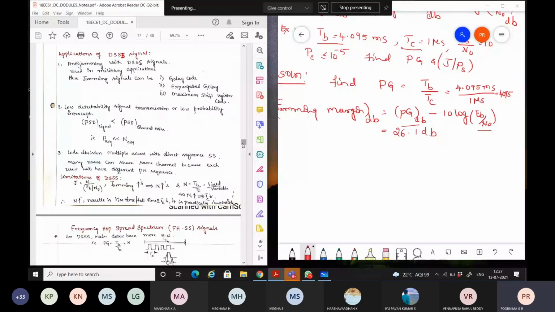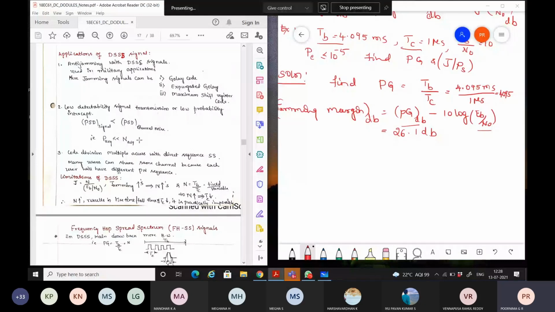The second application is low detectability signal transmission, or low probability of intercept. Wherever we need to provide high security, we go for a direct sequence spread spectrum signal. What power spectral density relation should be maintained between the signal and the channel noise in order to have low detectability?